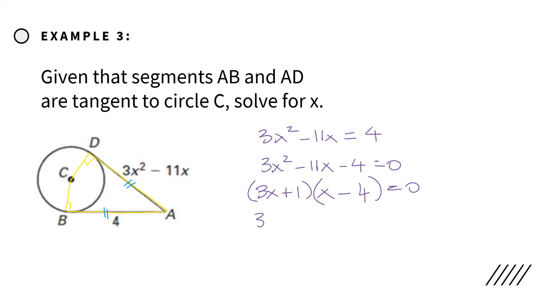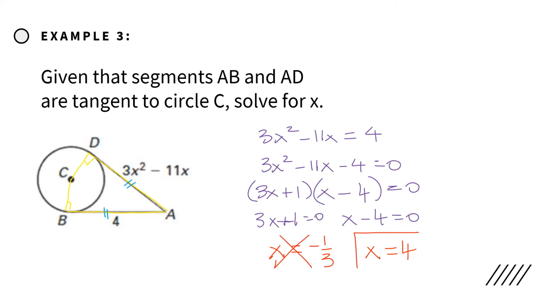Set each factor equal to 0 and solve for x. We get x equals negative 1 divided by 3, and x equals 4. Since x is a value that represents a length, we will eliminate the negative and keep the positive length.